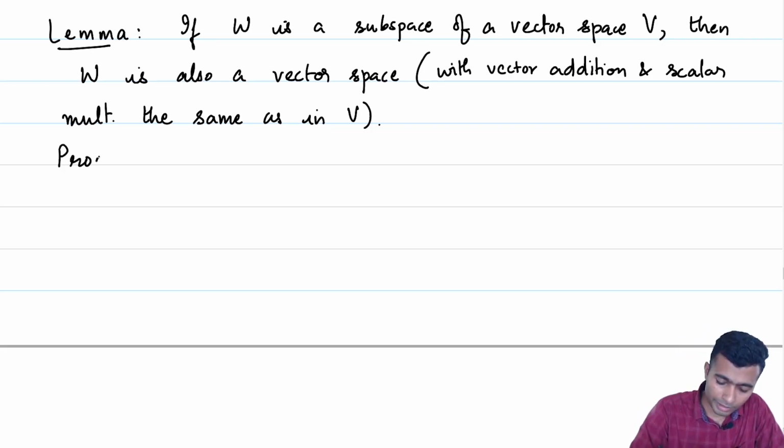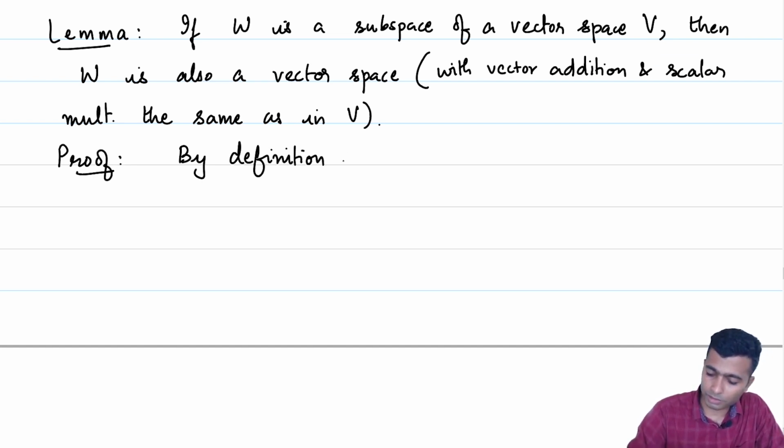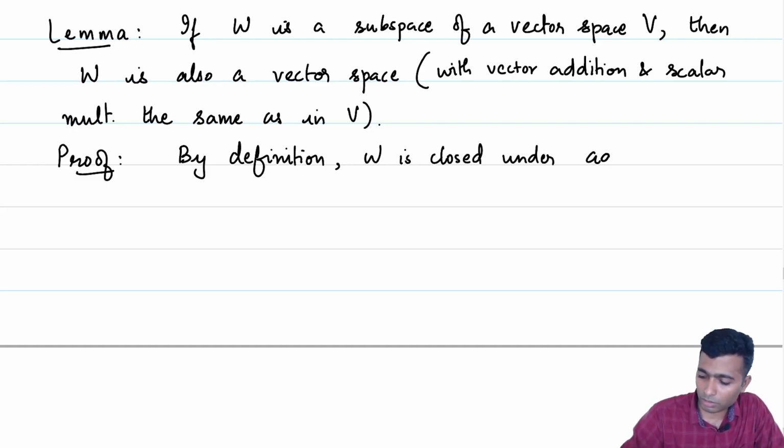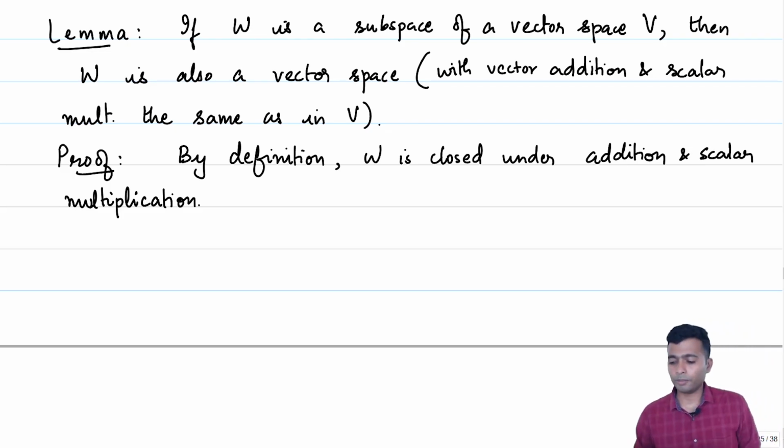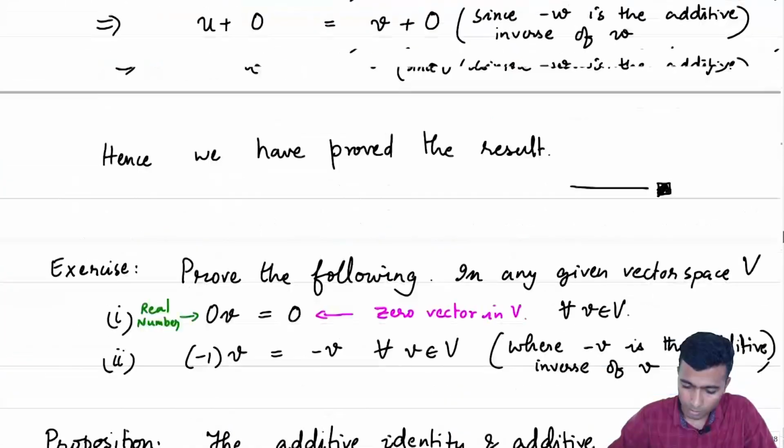So the proof will immediately indicate that by definition, recall what the definition was, you will see that W is closed under addition and scalar multiplication. I will slowly stop using the word vector addition and just call it addition. But we have a long way to go. We need to check for properties 1, 2, 3 up to 8. So let us just revisit the properties, which are written above.